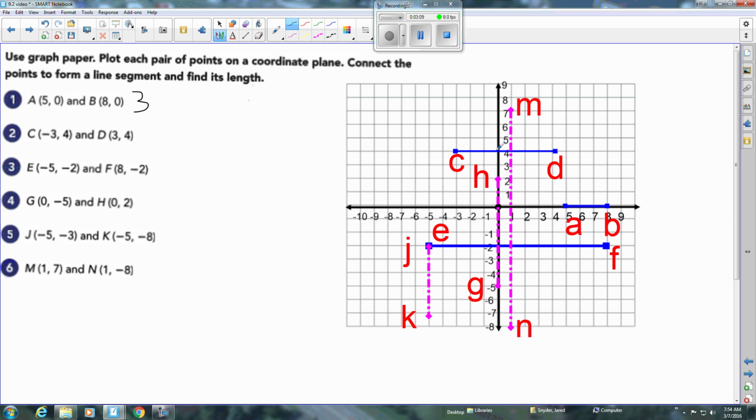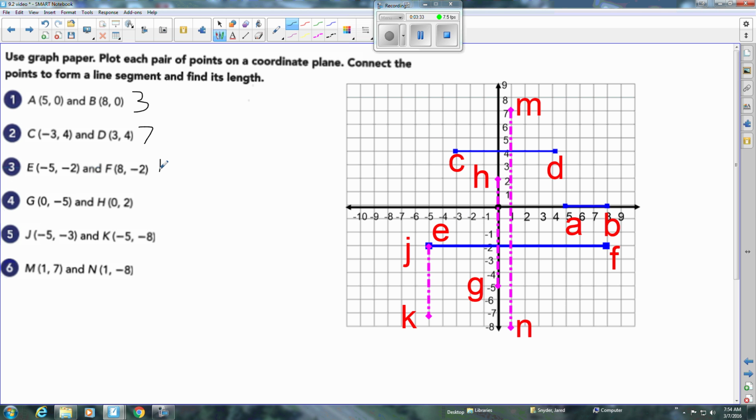D is 3, 4, and it's 1, 2, 3, 4, 5, 6, 7 units. EF is going to be -5, -2, all the way to 8, -2, so it's 1, 2, 3, 4, 5, 6, 7, 8, 9, 10, 11, 12, 13.